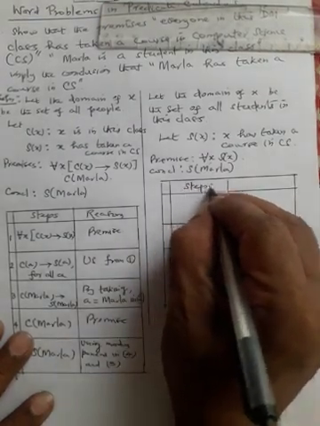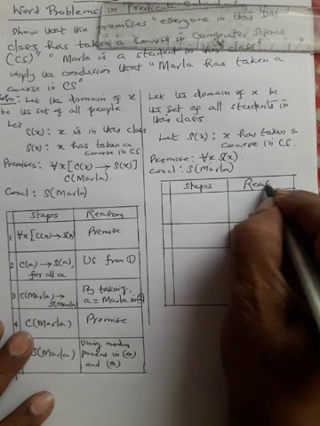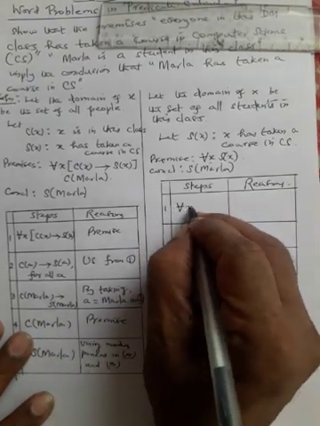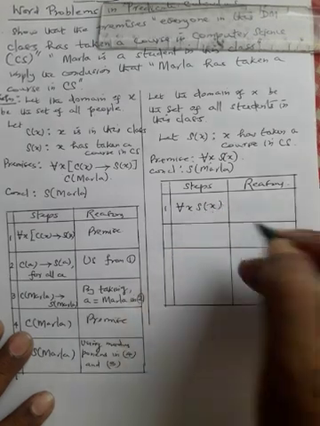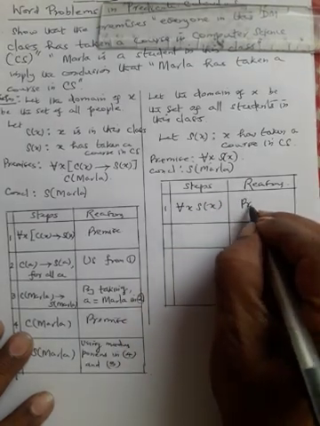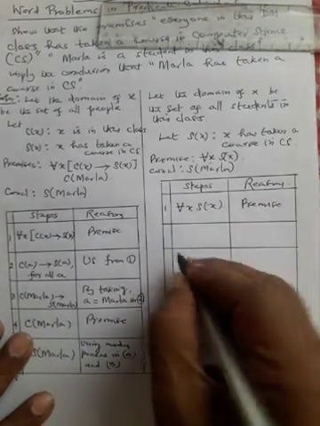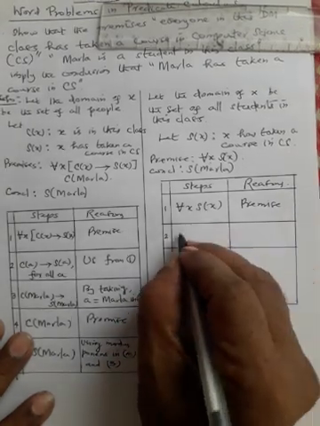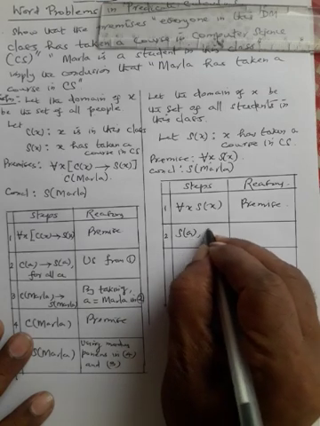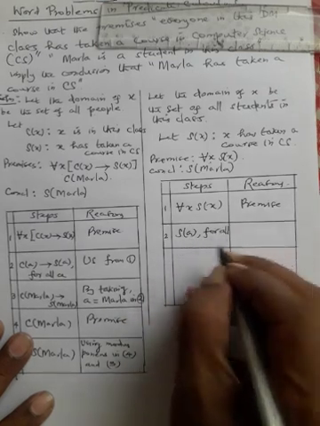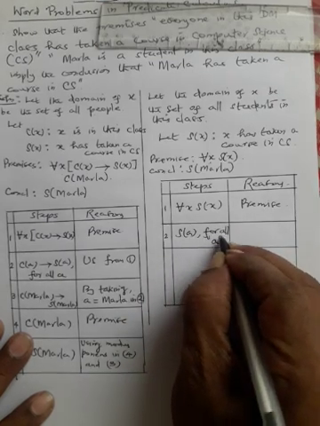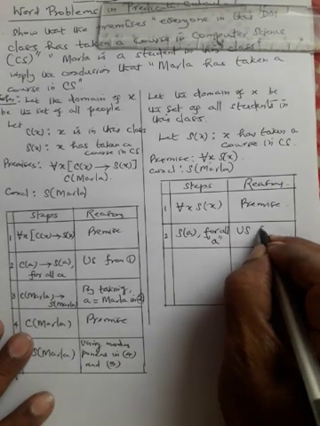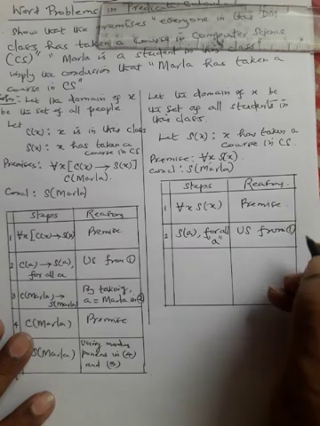Here are the steps and reasons. Number 1, premise: for every x, S of x. This we can take to universal specification: S of a for all a, where for all a means for all students in that class. This is universal specification from 1.